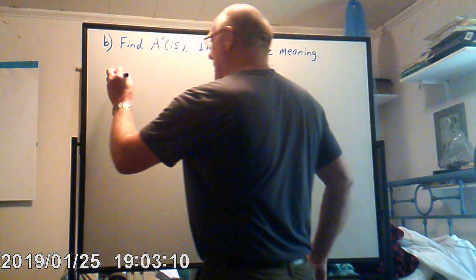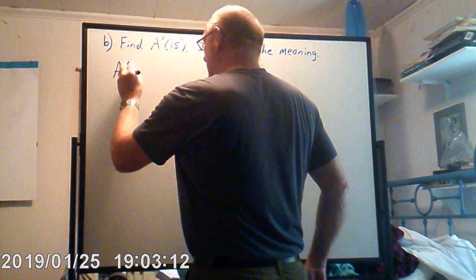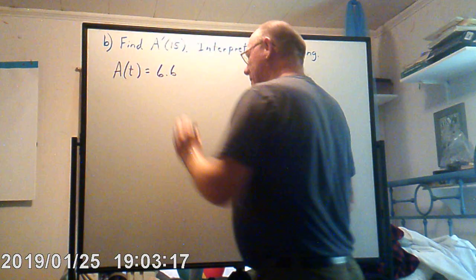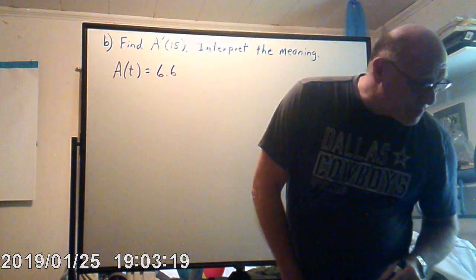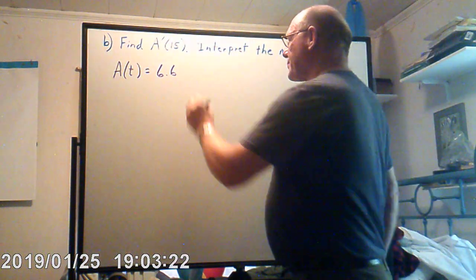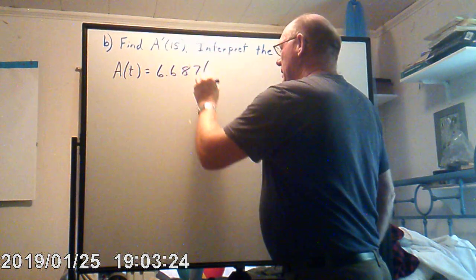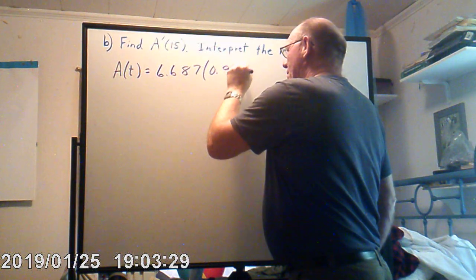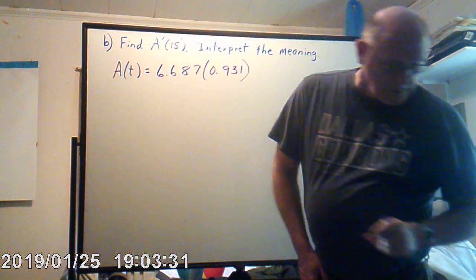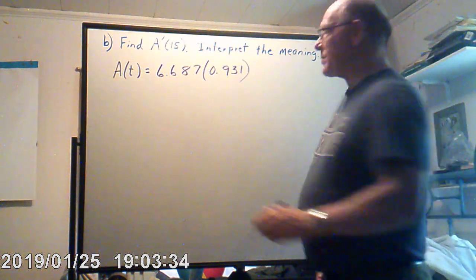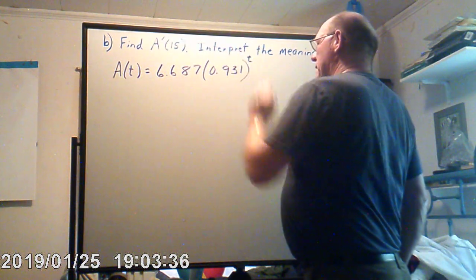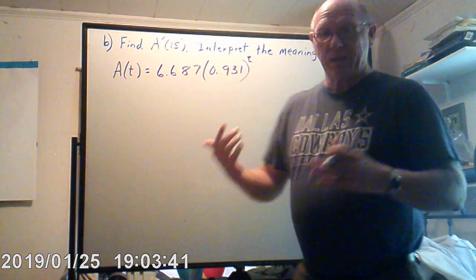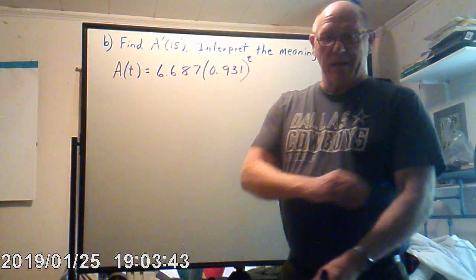So remember, A at T is equal to 6.687 times 0.931, I think it is, and that is raised to the T. Again, if you want to find A at T, I can show you how to do that. It would take some time.